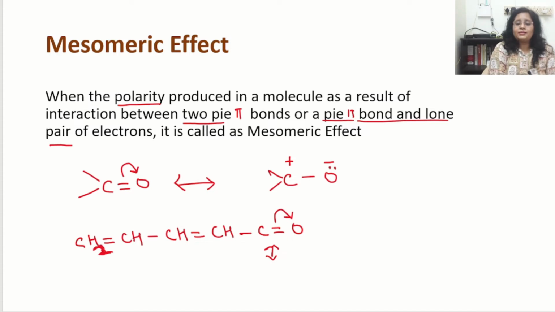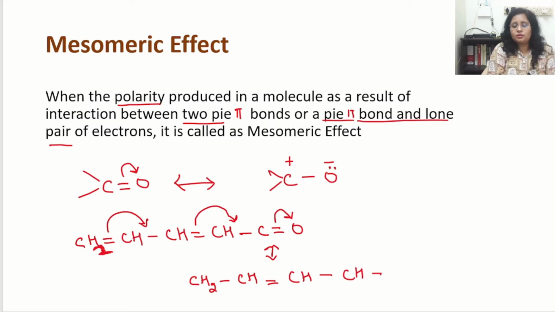So for balancing that, this pi bond in turn shifts to this, and again this pi bond shifts to this position. So the new compound which is formed is something like that: CH2 single bond, CH double bond, CH single bond, CH double bond, CO, and this is minus, and the plus charge will be shifted to this position.